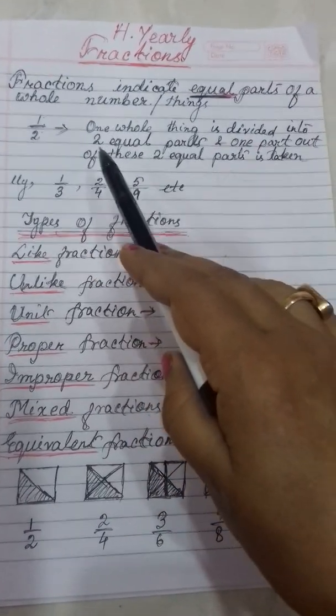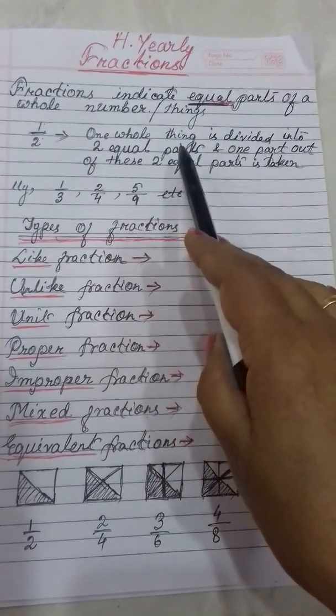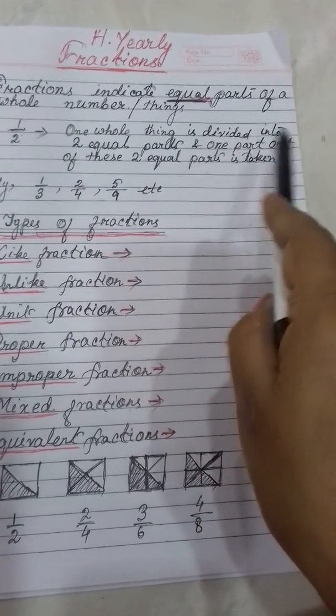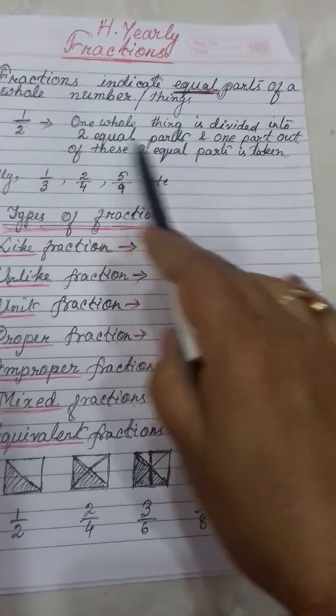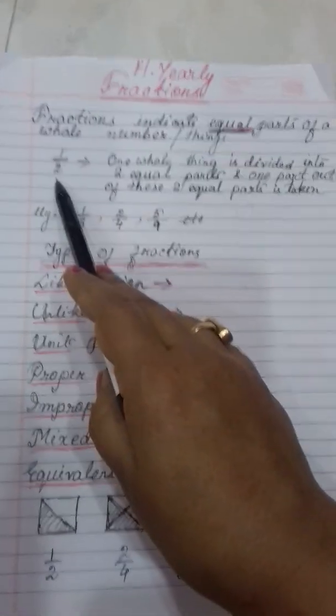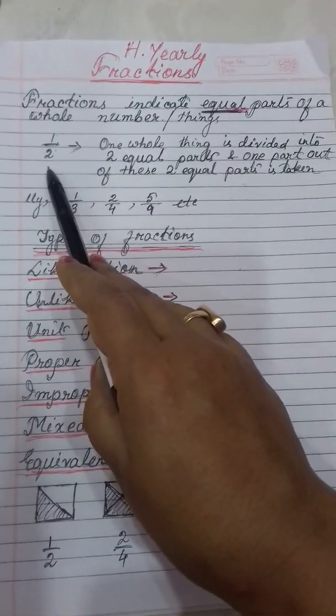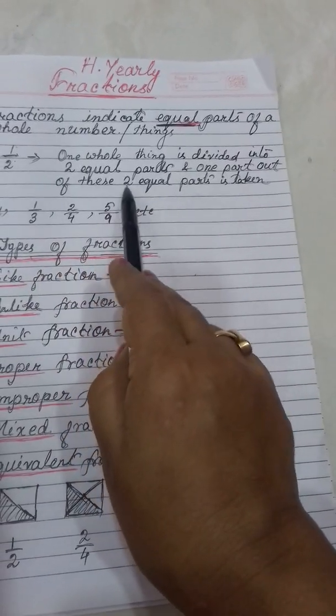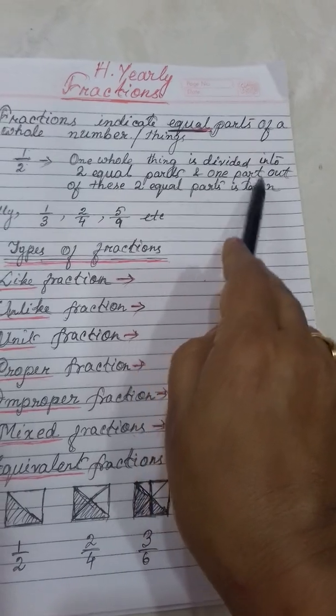Clear? Now suppose this is a fraction 1 by 2 or 1 half. What does it mean actually? One whole thing or number you can consider is divided into two equal parts. This is denominator. In two equal parts it has been divided, and one part out of these two equal parts is taken.